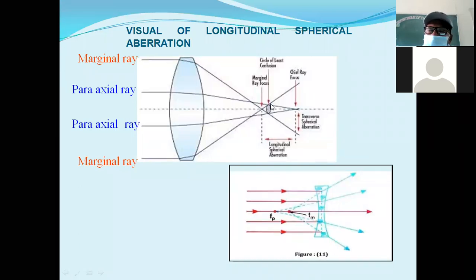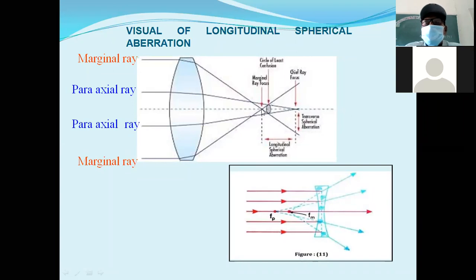The diameter of this image disk is called the transverse spherical aberration. The distance between the image formed by the marginal rays and the image formed by the paraxial rays is called the longitudinal spherical aberration.